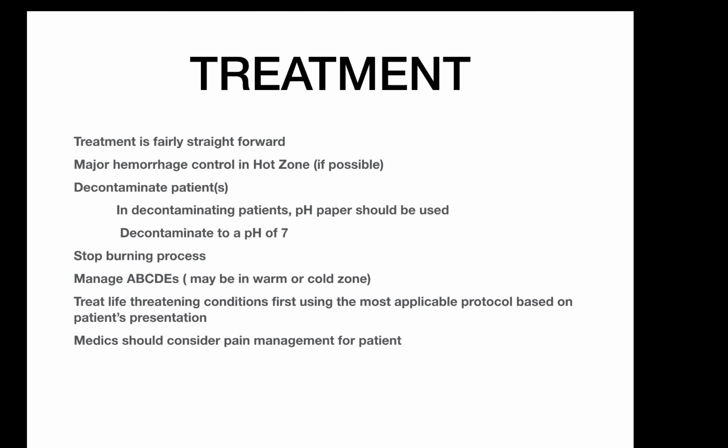And that includes any exposure to the eye. So you may need to apply pH paper to the eye, keeping in mind we don't want to cause any scratching or further irritation, to make sure that we're actually getting the pH down based on that exposure.